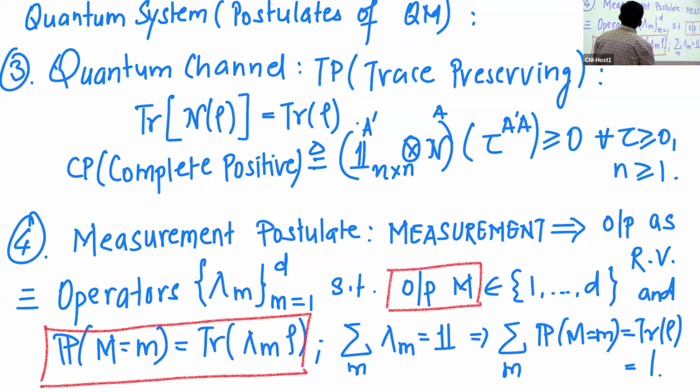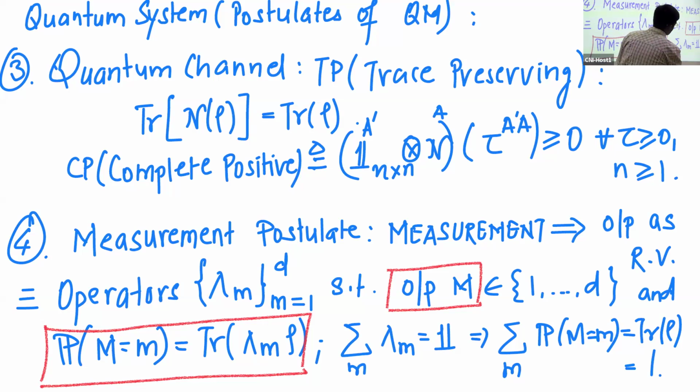Okay. So now what completely positive means is that if I have, let's say, an identity on an n-dimensional system, where this n is generally bigger than or equal to the dimension of the channel N, and I act on any bipartite state. By bipartite state, all I mean is that it is a state shared on two systems.